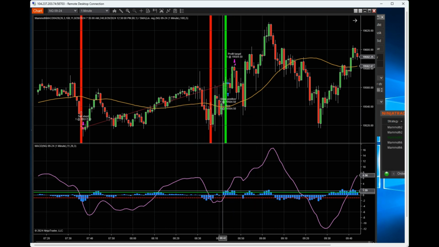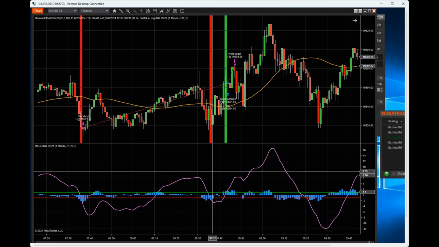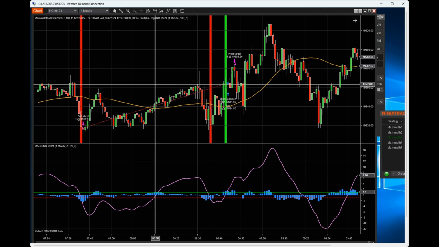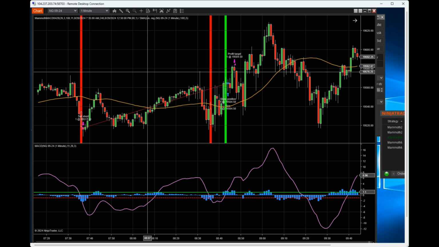It's a trend trading strategy. When the trend is confirmed, we go for 80 ticks. That's just that simple. Sometimes simple is better. You don't want to have too many indicators, because one of the indicators will tell you it's trending, the other one is telling you it's choppy, and the other one telling you not enough volume.